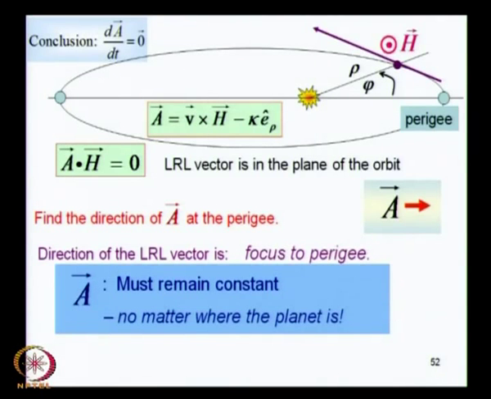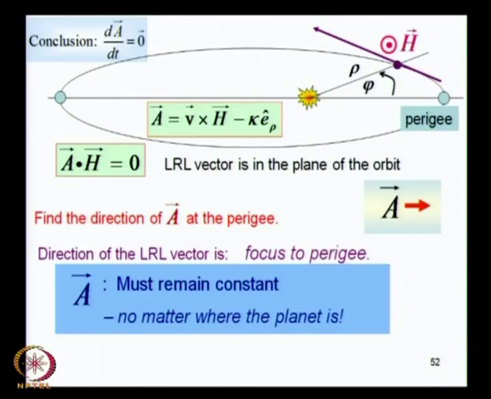So, throughout the orbit, wherever the planet is, the direction of the Laplace-Runge-Lenz vector will always be this, and we now know that if the direction is always from the focus to the perigee, then the direction of the major axis itself becomes fixed, and the ellipse gets fixed, and the ellipse cannot precess. So, there will be no Rosette motion. The fact that there is no Rosette motion is because the Laplace-Runge-Lenz vector is a constant of motion, a conserved quantity.